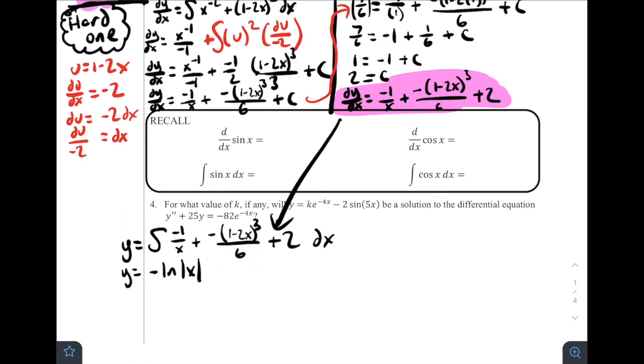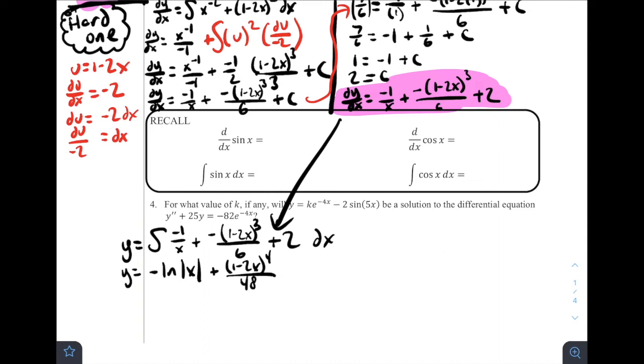And then we also end up dividing by a negative 2 because of that substitution, du over negative 2 is dx. If we do that use substitution, we end up with a positive 1 minus 2x to the 4th power over 48.